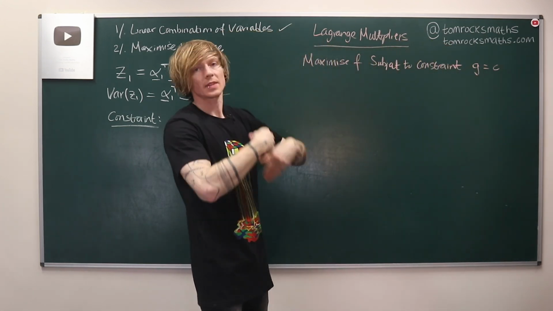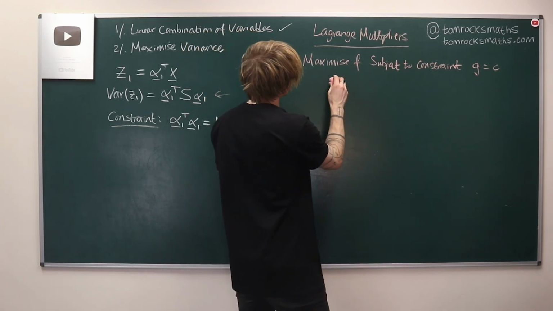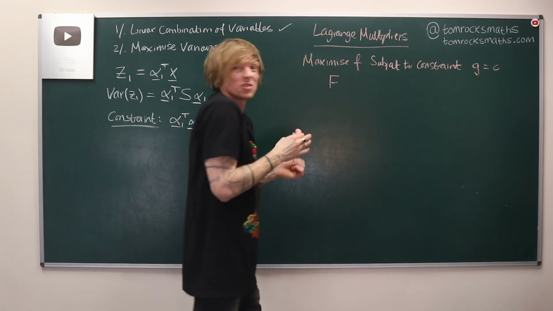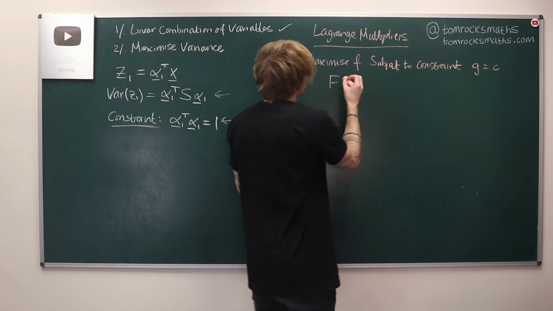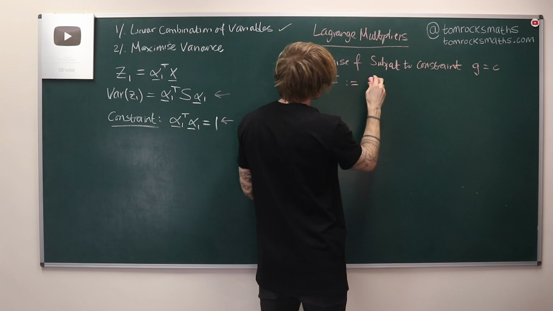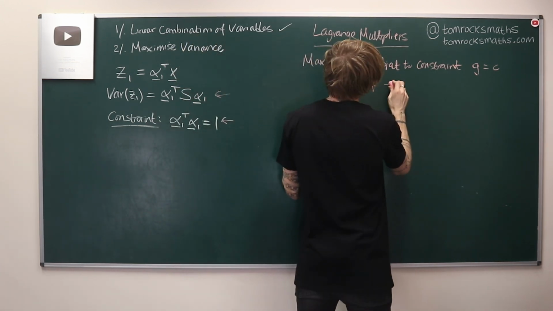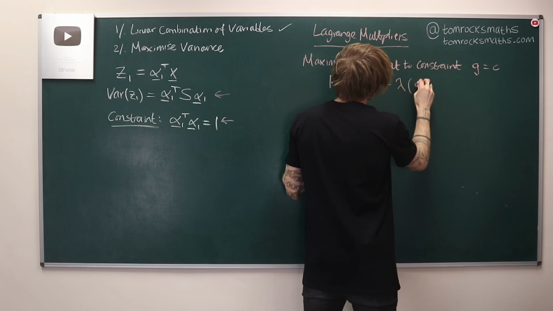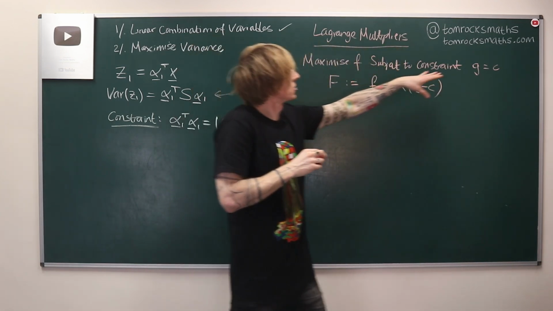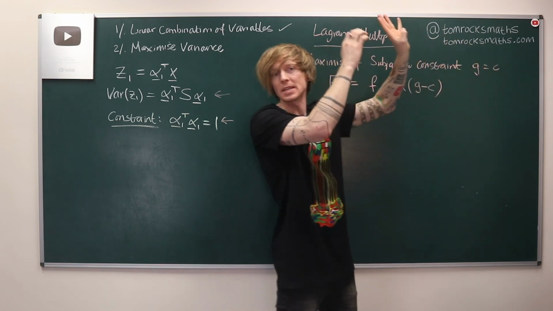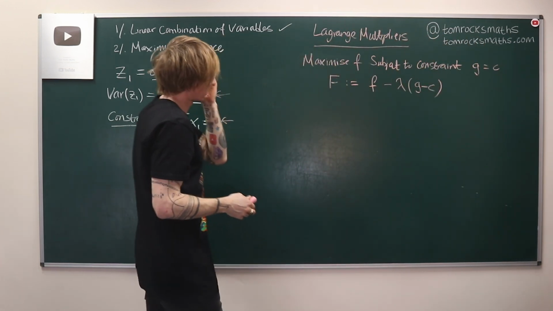Now, the method of Lagrange multipliers says the way we do this is you form a function which is usually labeled capital F, or at least that's how I teach it in my undergrad calculus class. You define F to be the function we want to maximize, lowercase f, minus lambda, and then we put g minus its constant in there like that. So in some sense, you just rearrange your constraint to be g minus the constant equals 0, and then just throw that one in your function.